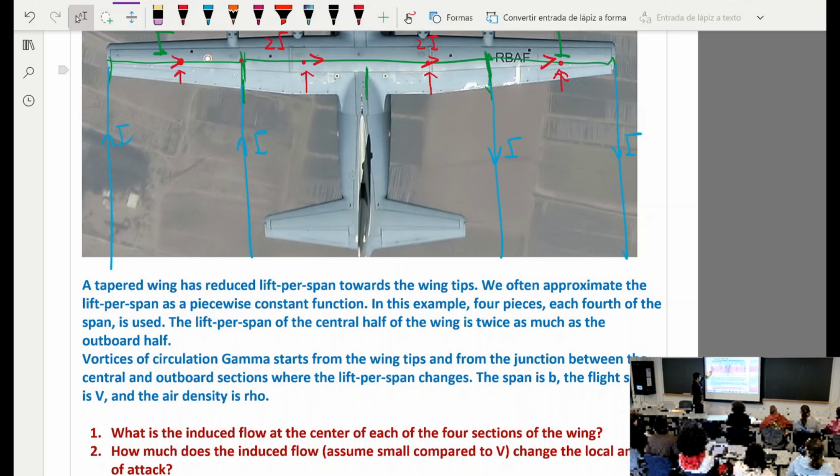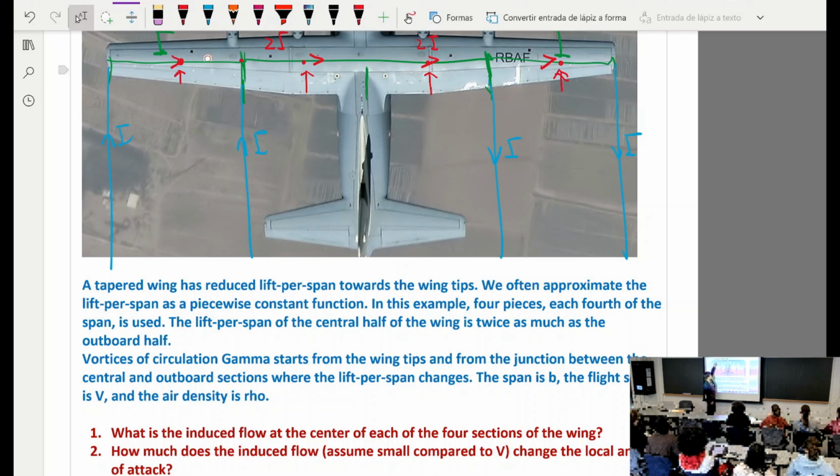That means the airplane flies straight forward. If you take the frame of reference of the airplane, then the airplane doesn't move. The air, the free stream, comes towards the tail of the airplane in the x direction, and there is induced flow over here.